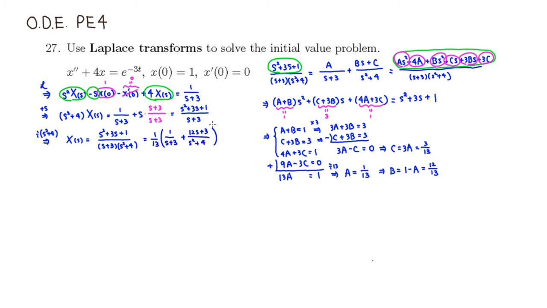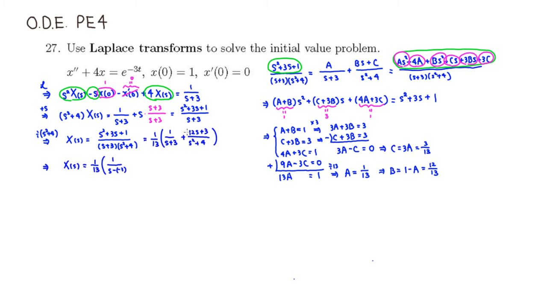Then I'm going to do a little bit of tweaking so that we can find the inverse Laplace transform. I'm going to clean it up like this. Capital X of s is equal to 1 over 13 outside. This one I'm going to write as 1 over s minus negative 3.